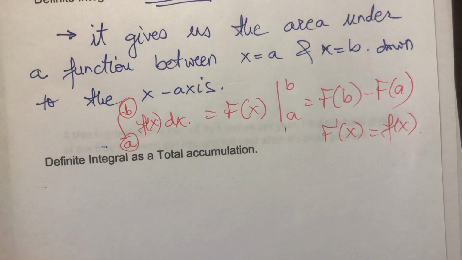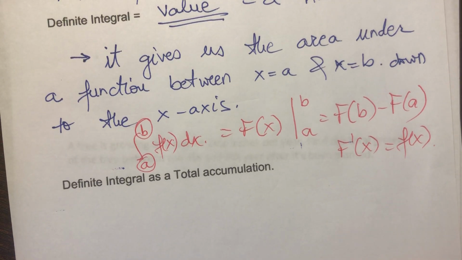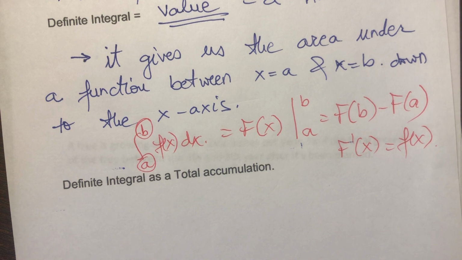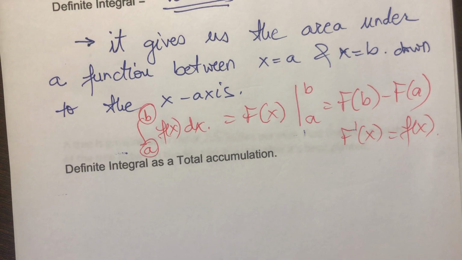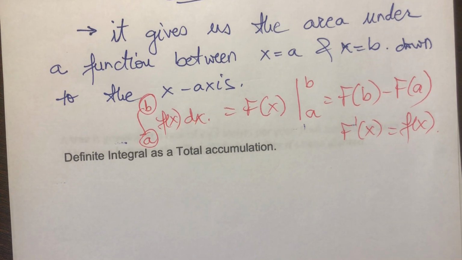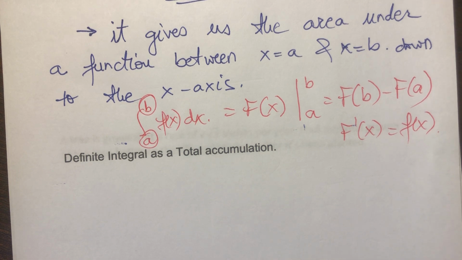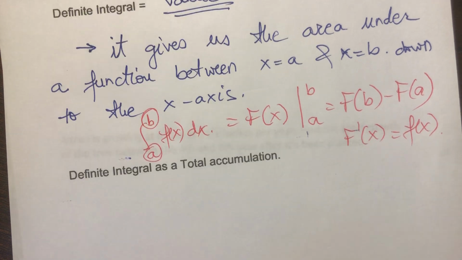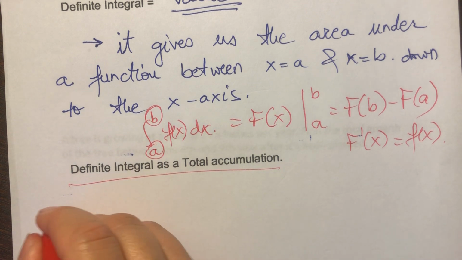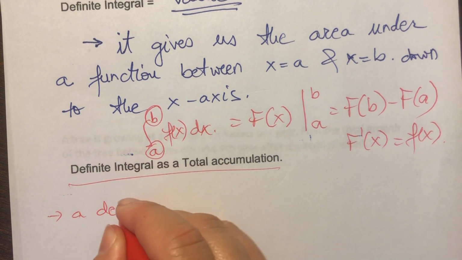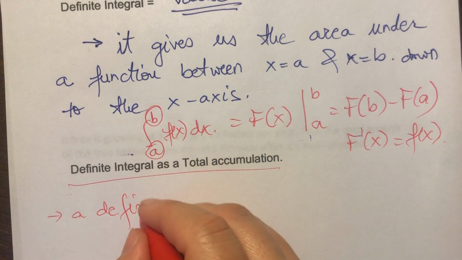Here is another one. Now, if you remember, an indefinite integral is your antiderivative, right? It takes us backwards. A definite integral gives us the total accumulation. So I'm going to say this, I've said it on the first page too.